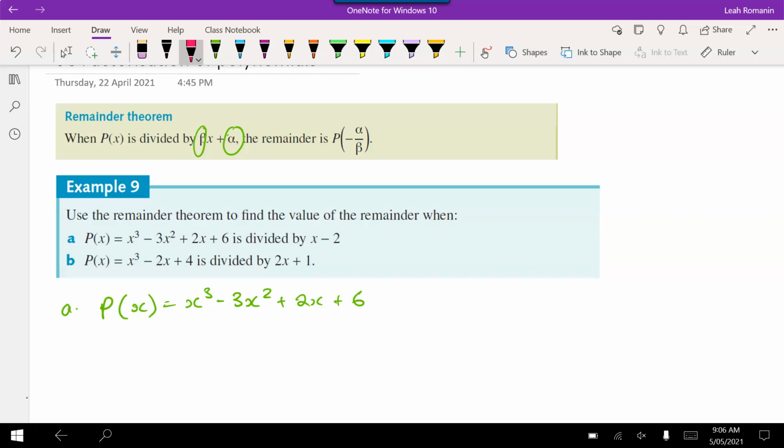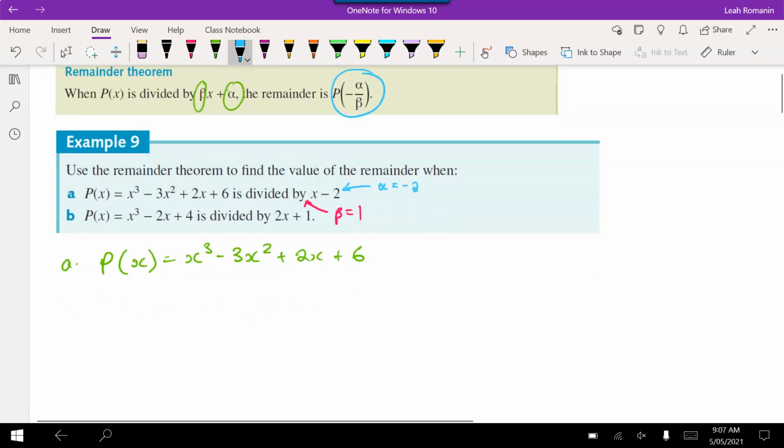Remembering that the beta is the coefficient that goes with x, in this case beta is equal to 1 because the coefficient of x is 1. And our alpha is the constant in our linear factor, so alpha is going to equal negative 2. Now, remembering I need to substitute in negative alpha over beta to figure out what my remainder is going to be when it's divided by this particular factor.